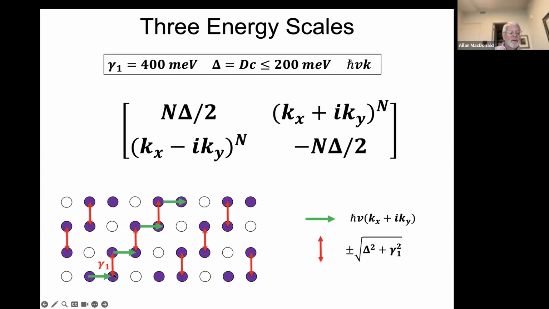So right at the Brillouin zone corner, this dimer is split by gamma 1 and more than gamma 1 if there's a displacement field.